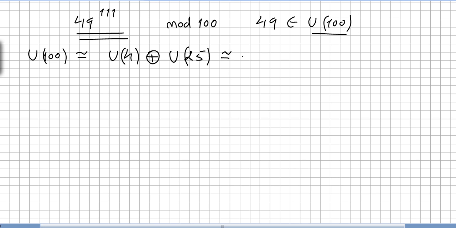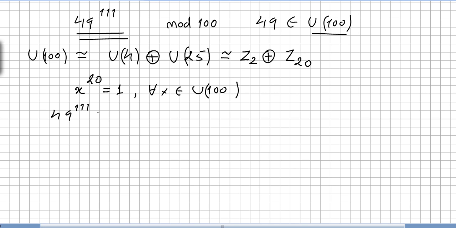That is isomorphic to, for instance, Z2 external product Z20, right? So x to the power of 20 will be 1. Well, this is for all x in U(100).